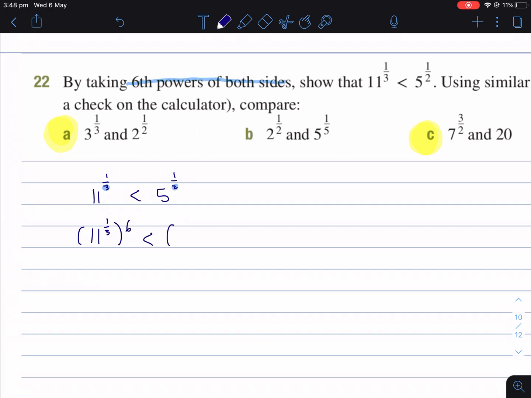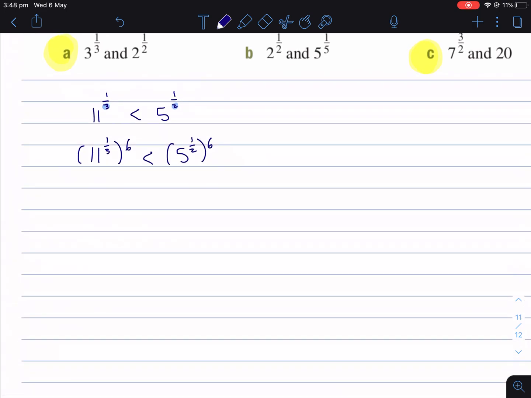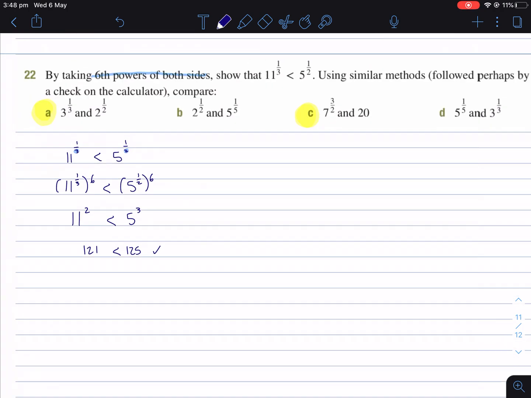If we do it to both sides, we don't have to change that sign. So we've got 11 to the 1/3 times 6 is squared. 5 to the 1/2 times 6 is cubed. 11 squared is 121. 5 cubed is 125. True.